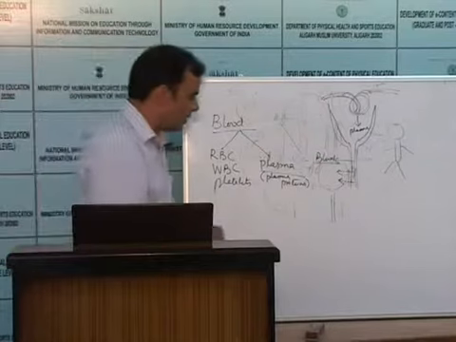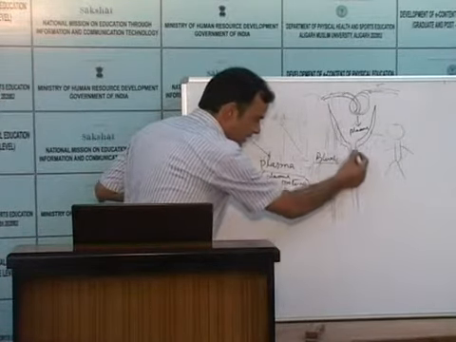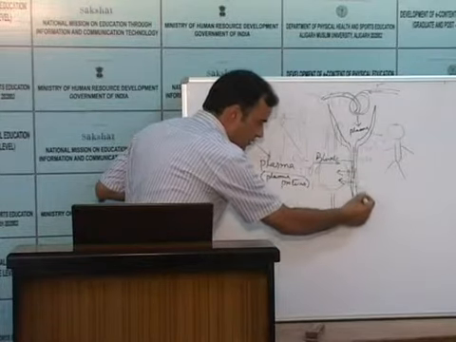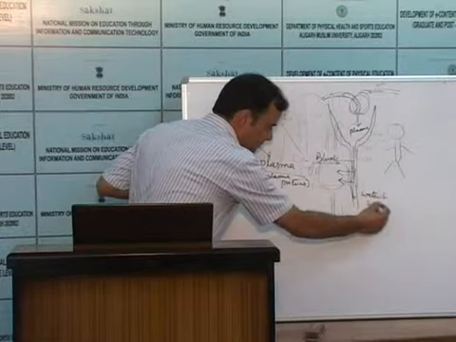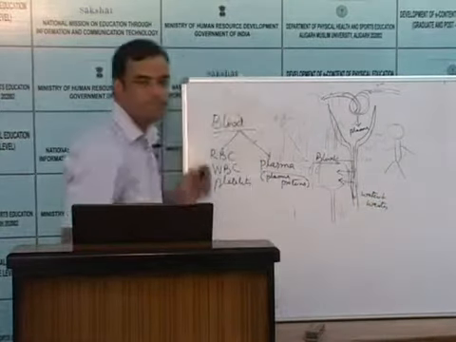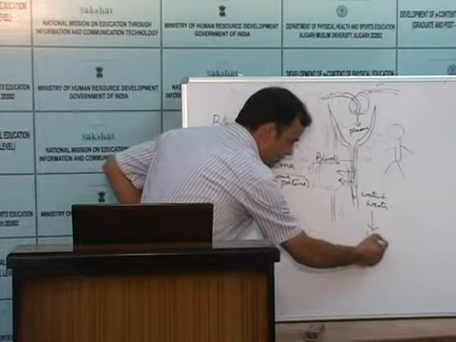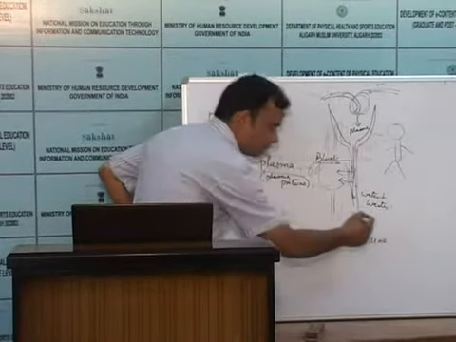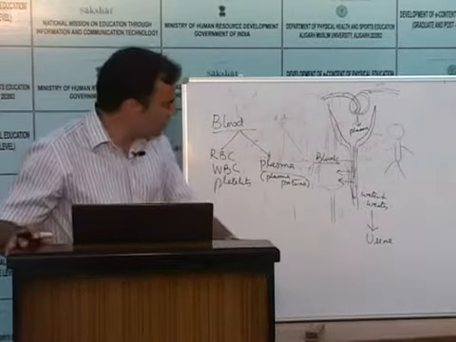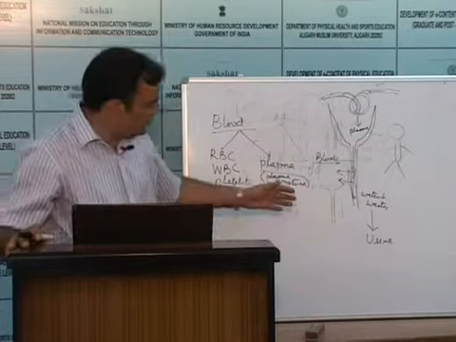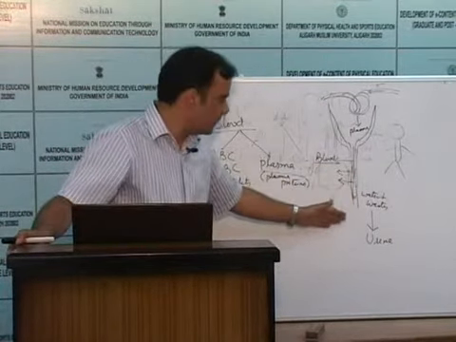In this way, the substances that are left inside this tube are water plus wastes. So this is what is finally called urine. This is a very efficient way in which kidneys excrete the waste matters along with water from the body.